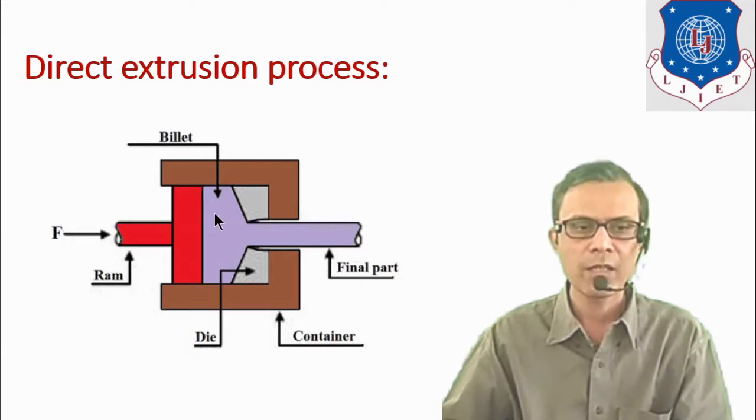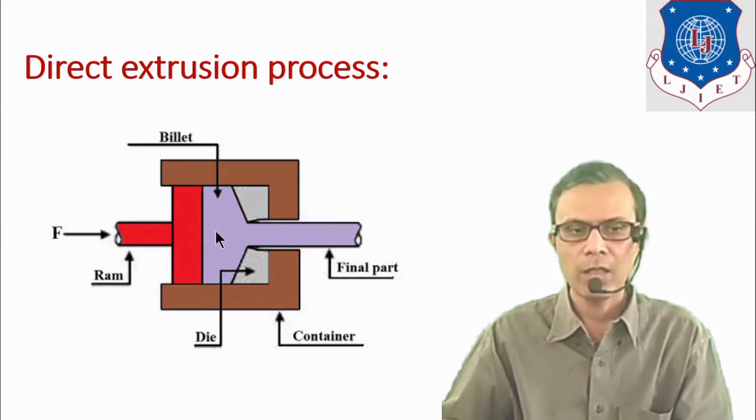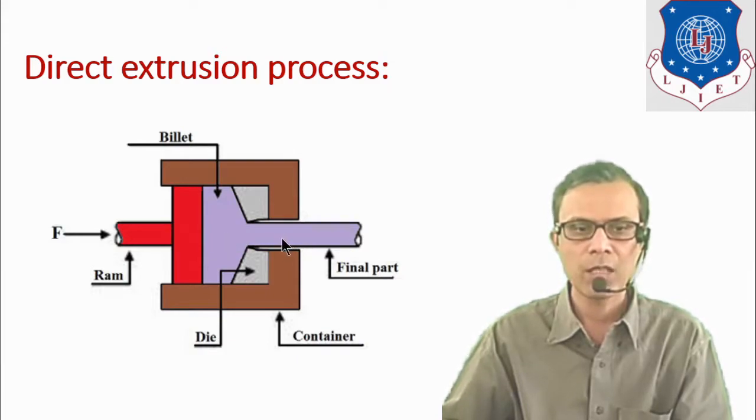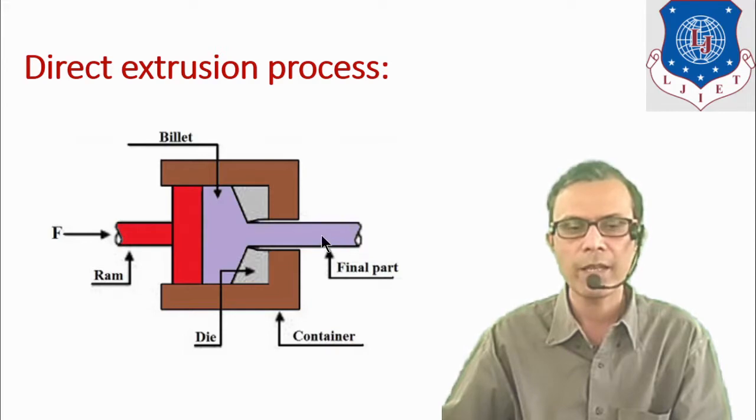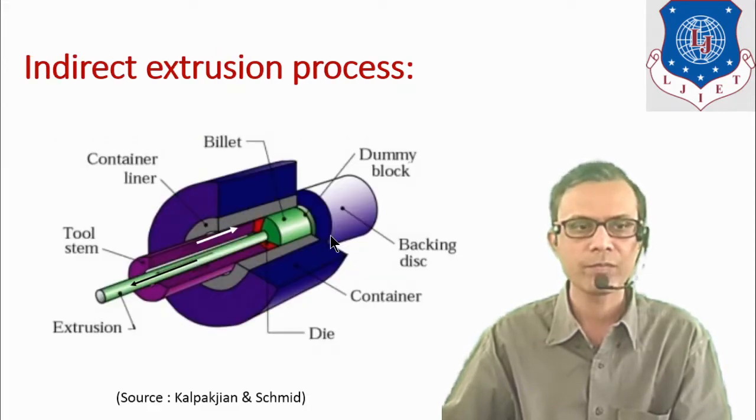Hot billet is shown by this blue color and die is shown by this gray color. When force is applied to this billet in this direction, the extruded part comes out in the same direction as shown here. So it is a final product.